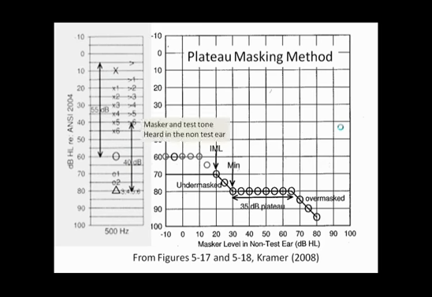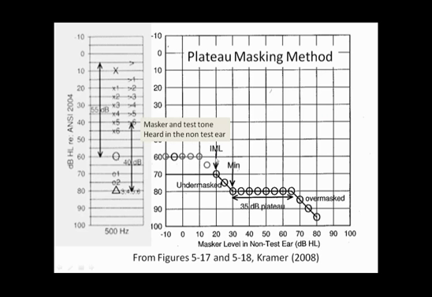Okay, so the masker and test tone are heard in the non-test ear. And why do we say that? Because without any type of masking noise, the tone is detected at 60 dB.